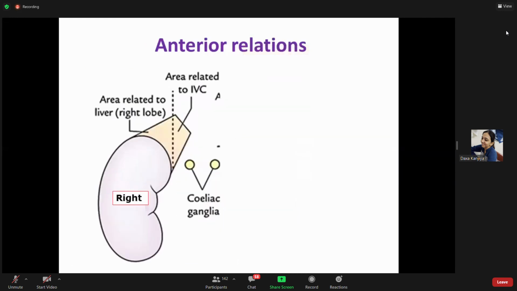Now the important structural relations of both the right and left suprarenal glands. On the right side, the anterior surface is divided into two parts by one vertical line. The medial area is related with the inferior vena cava. The lateral area is related with the right lobe of the liver.